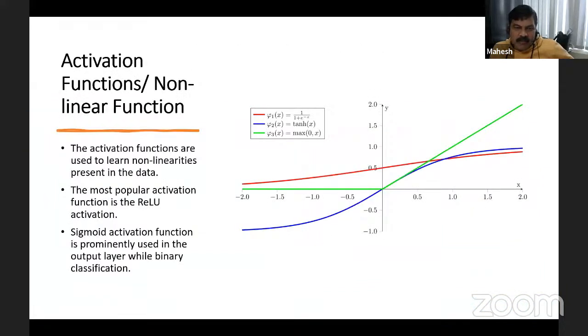There are some activation functions. As I told, in a single neuron, we have to take the decision whether the neuron has to fire or should not fire. That firing depends on, in your brain, the collected voltage. If it is above threshold, then the neuron will fire. So here some activation functions are used, like these.